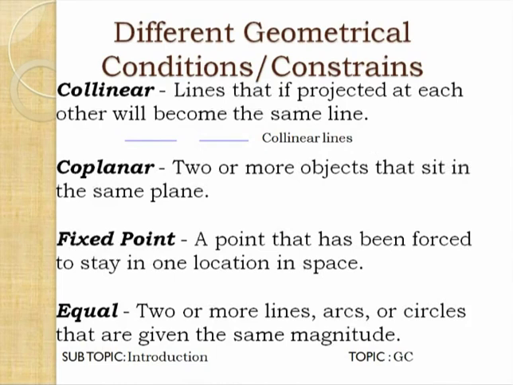So it is called collinear. Coplanar. Two or more objects that sit in the same plane. Then it is called coplanar. The plane containing the entity is same. Fixed point. A point that has been forced to stay in one location in space. It is called fixed point. Equal. Two or more lines, arcs or circles that are given the same magnitude. If magnitude is equal, then they are said to be equal to each other.